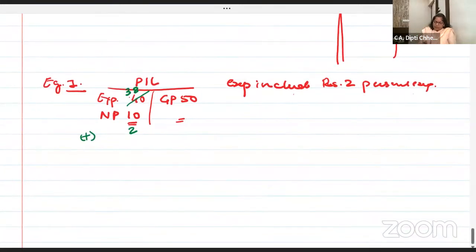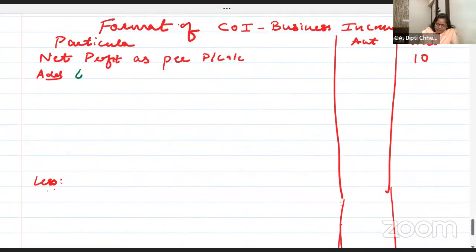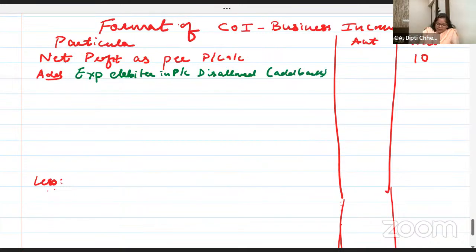Okay, let's go. So you wrote this example. Now, can I say? Write down. Expenses debited in P&L account, disallowed, inadmissible. Bracket add back. Don't write in exam. This is for your understanding. Example, depreciation as per books of accounts.